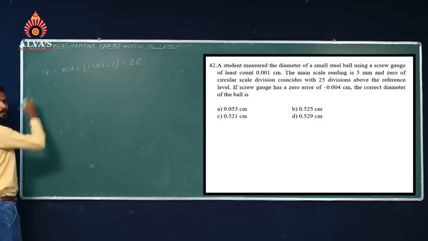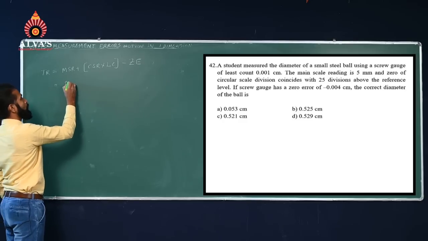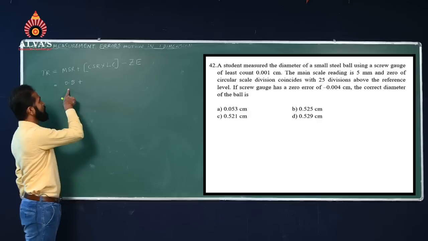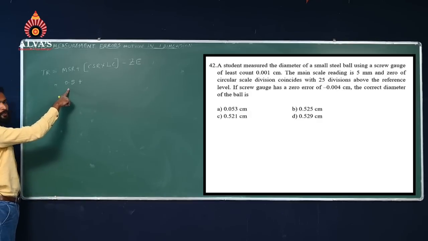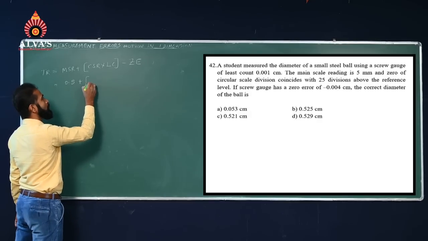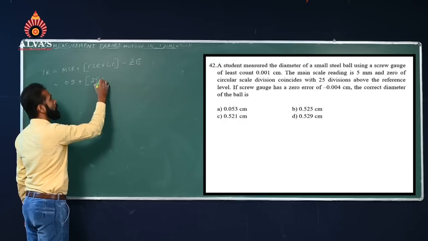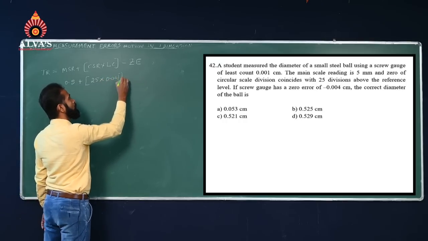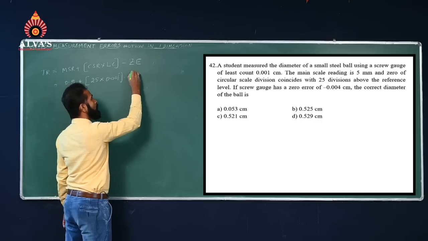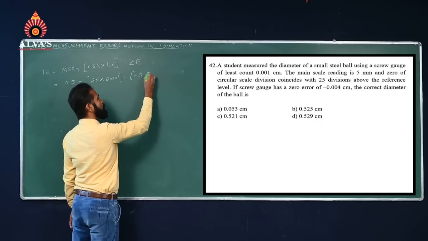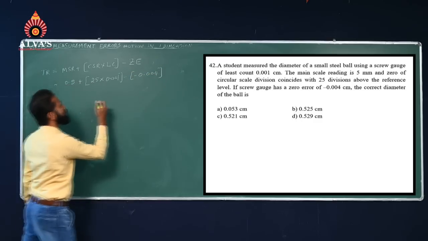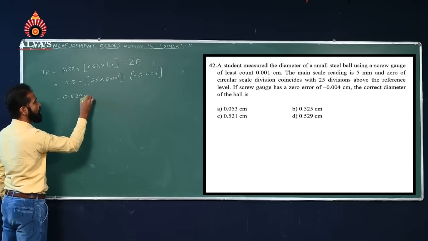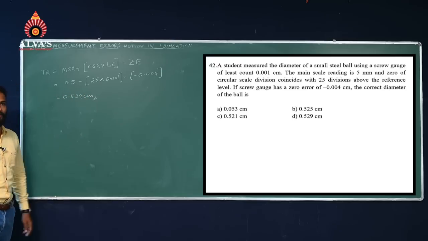Main scale reading is 5 millimeter, so writing it in centimeter, that becomes 0.5. Circular scale reading is 25 into least count 0.001, minus zero error, minus of 0.004. If we solve this, we get 0.529 centimeter, that is option 4.